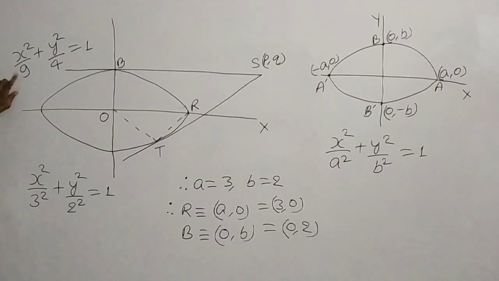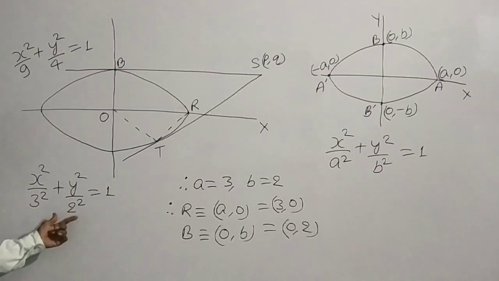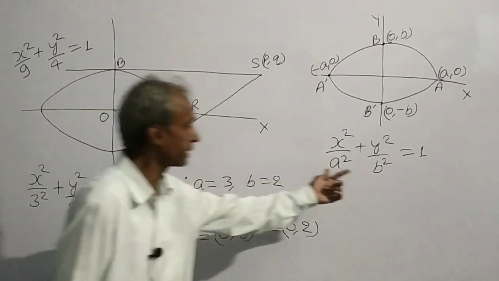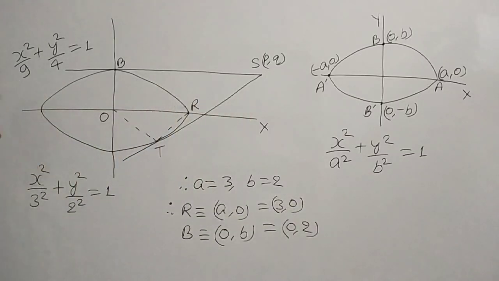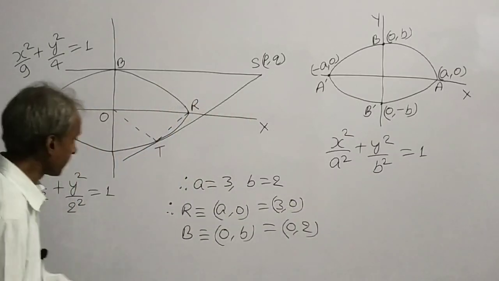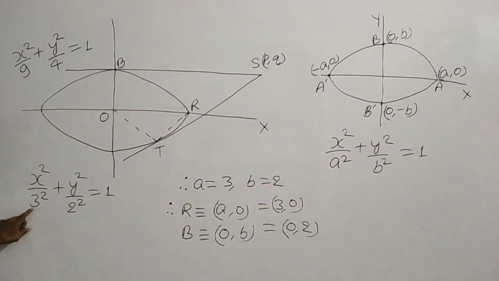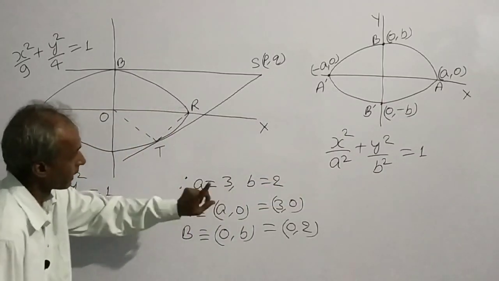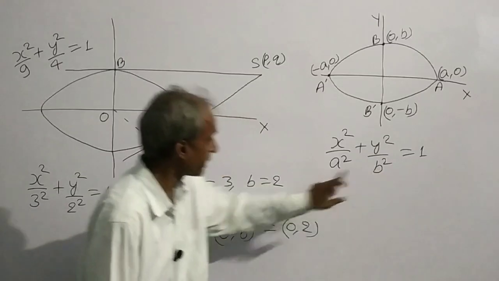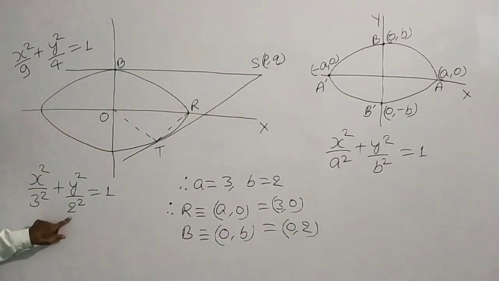Therefore we write 9 in the form of a square, write 4 in the form of b square. And now compare this equation with this equation. Then we find that a is equal to 3 and b is equal to 2.